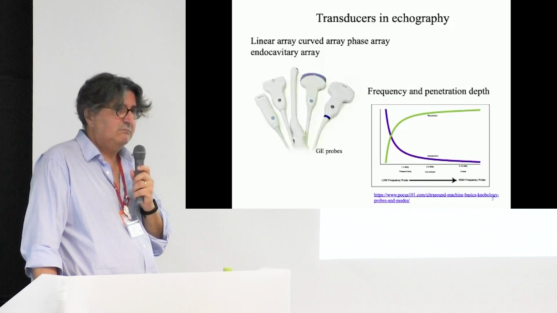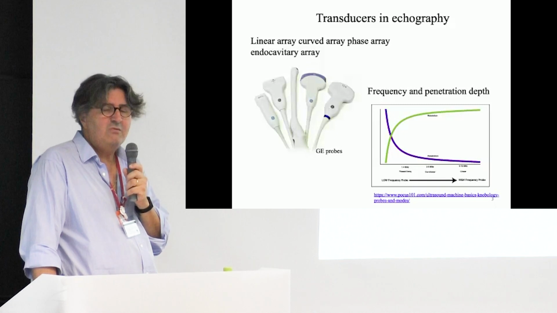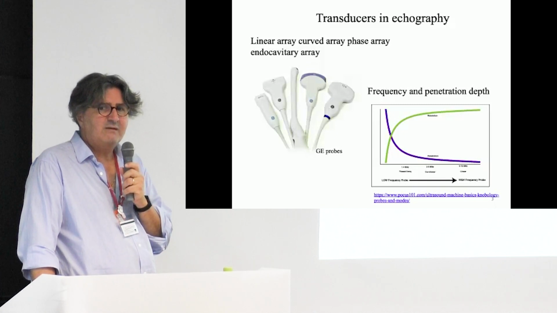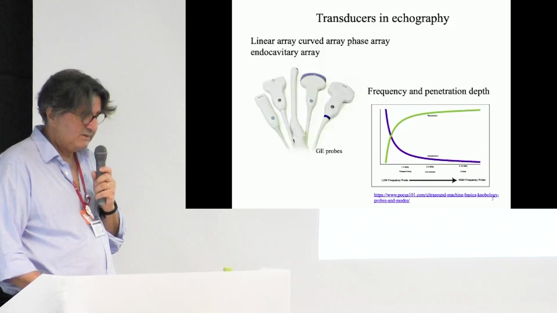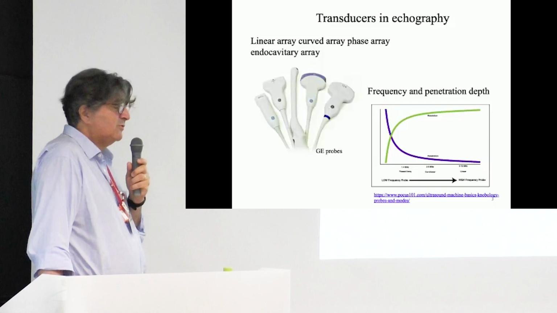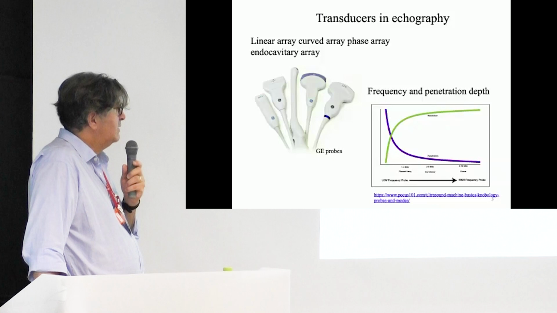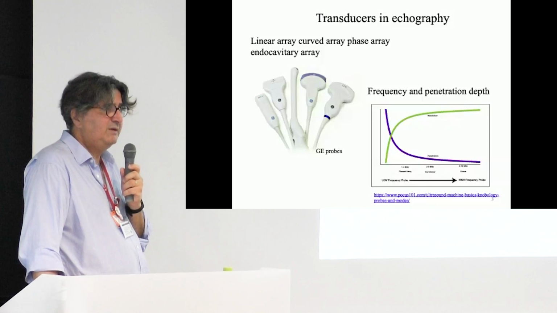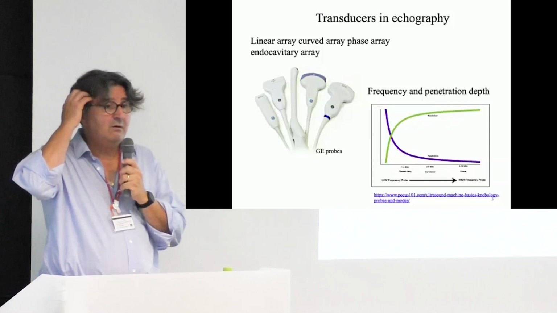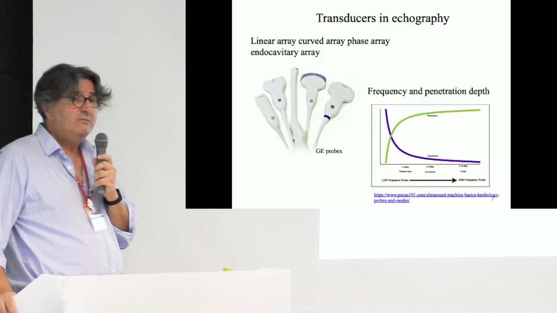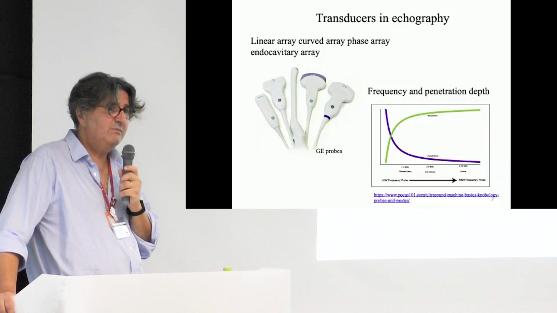If you look at transducer in echography, maybe you may have 10 types of transducers. And on this figure, you can see conventional transducers that are used for B mode images. And eventually we will talk about 3D images later, but there are few transducers compared to NDT. And I have already mentioned the reason why.